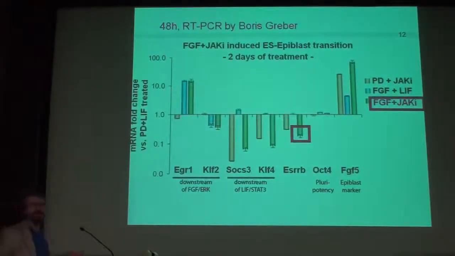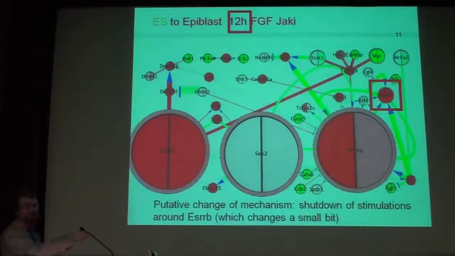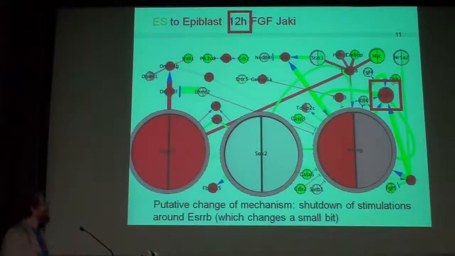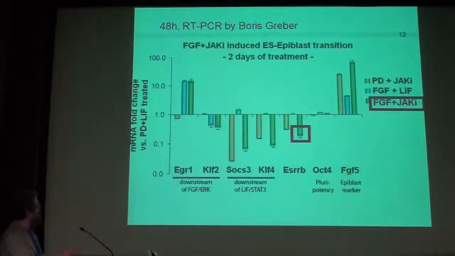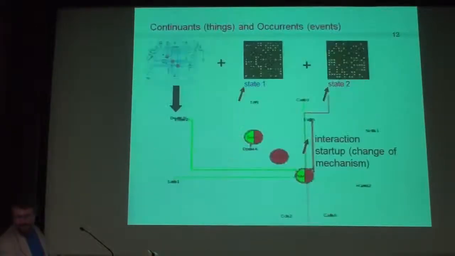So that's a nice thing for a bioinformatician, that he makes a prediction here about what the gene will be doing in the future, and the first experiment the colleague at the Max Planck did actually then immediately confirmed ESRRB is going down later on, which is quite nice.